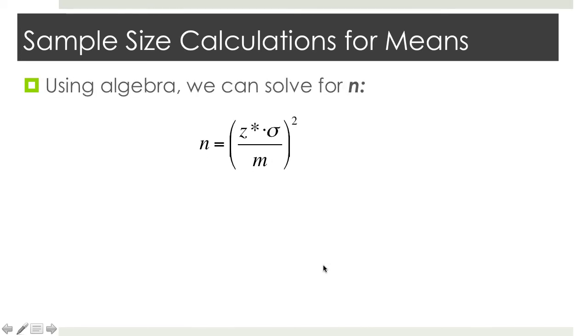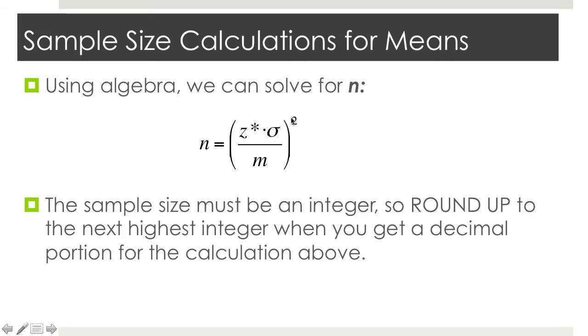But let's just suppose we take out our algebra tools and we crank through that, and we get this. Using algebra, we can solve for n from that previous expression, and we get that the sample size is equal to our confidence multiplier multiplied by the population standard deviation divided by the margin of error, and then that whole quantity is squared. Now, in most cases, you're going to get some kind of number with a decimal part.